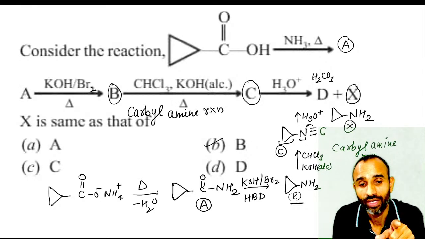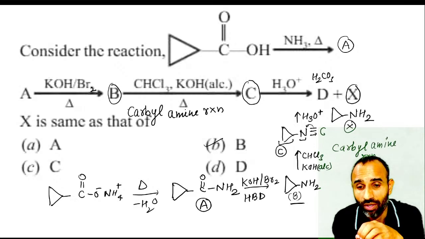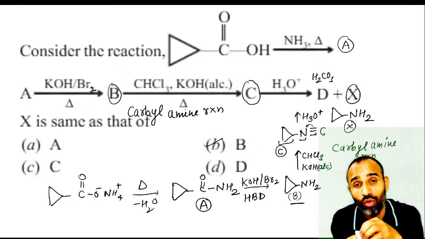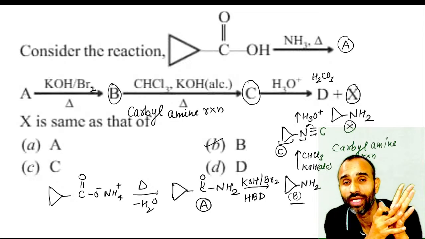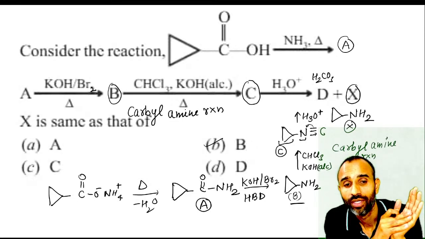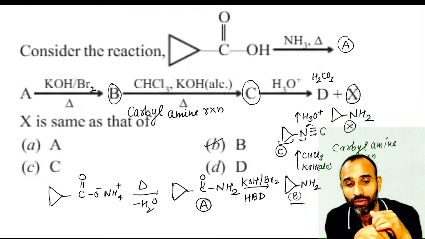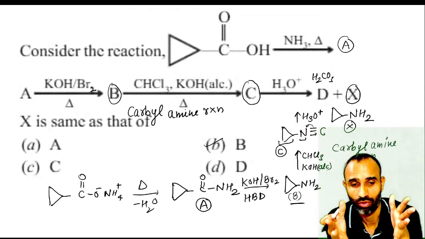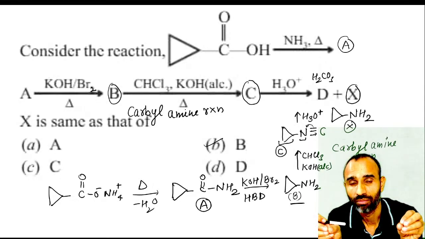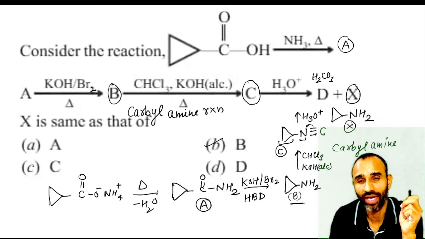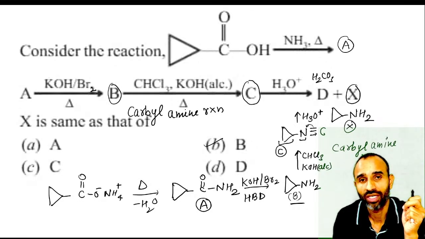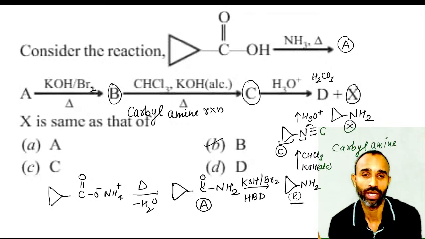And here it is actually primary amine. So keep in mind, it is a specific test for primary amine that has obnoxious smell, bad smell. This is isocyanide, and that indicates 1 degree amine, primary aliphatic as well as aromatic, both.